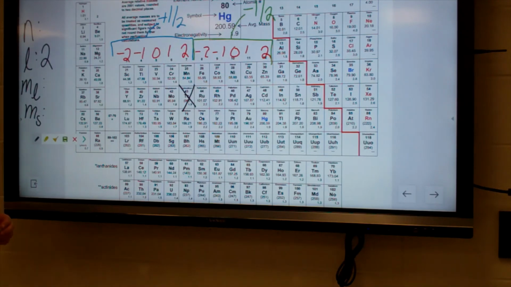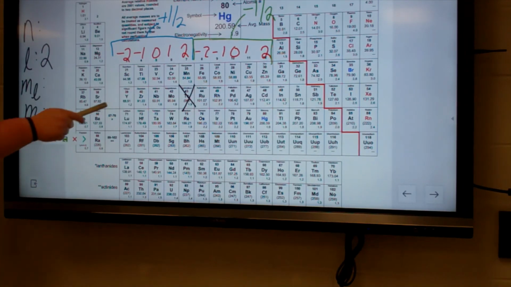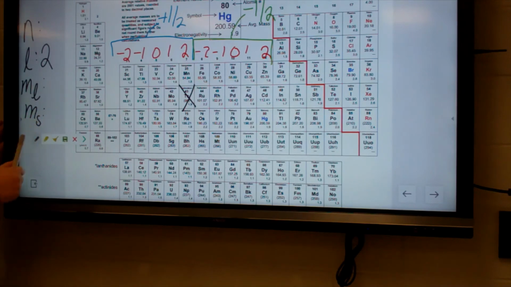Or, no, 4. It is 4. Here's why it is 4 and not 5. Remember, whenever you're dealing with N and D block, N equals row minus 1. Which row is technetium in? It's in the 5th row, but you have to subtract 1 from the row.